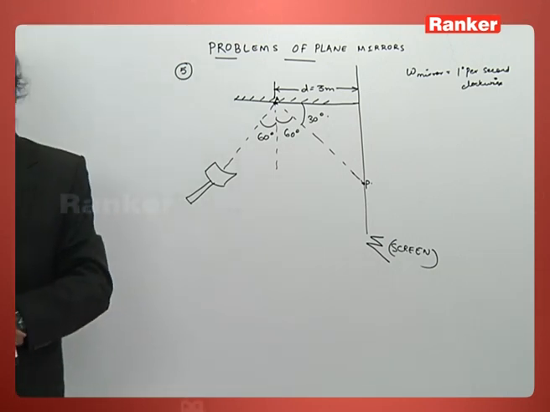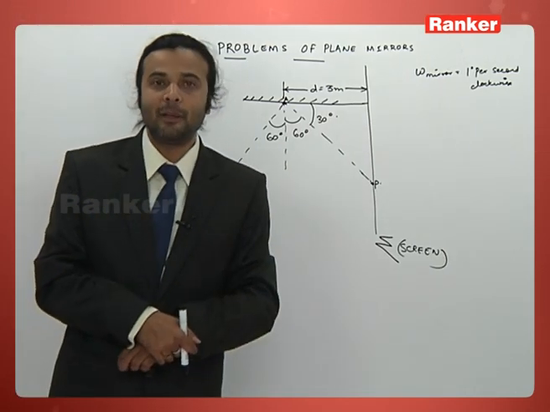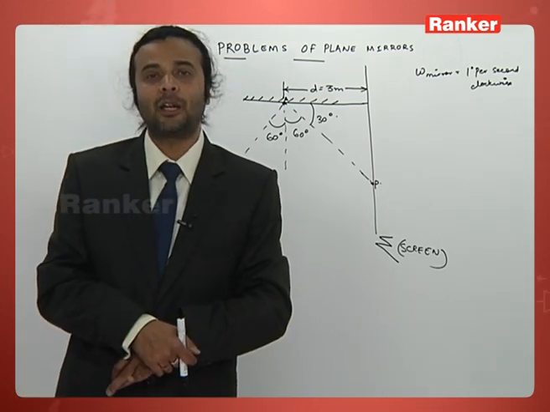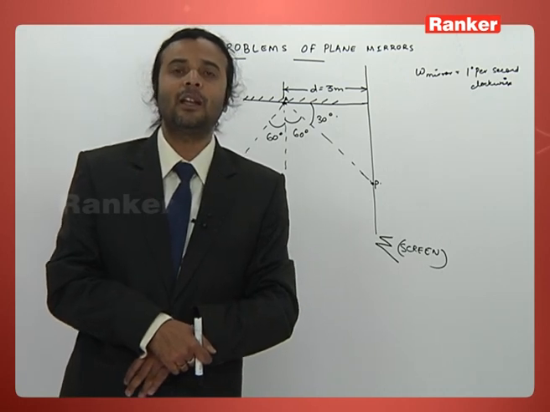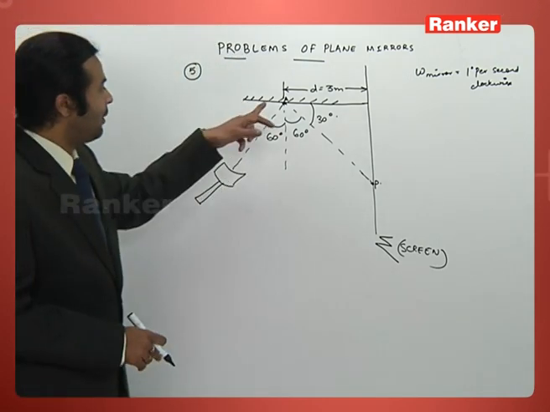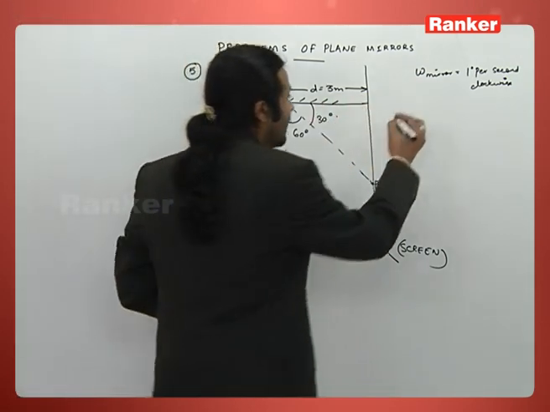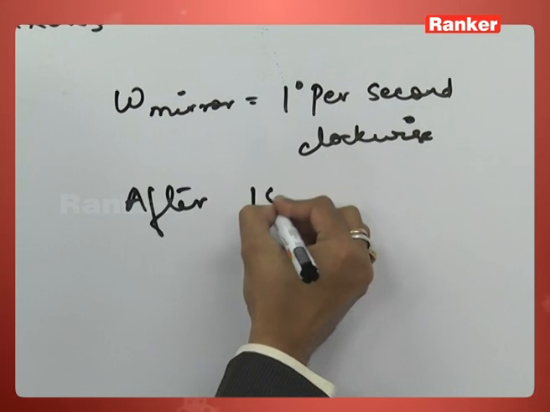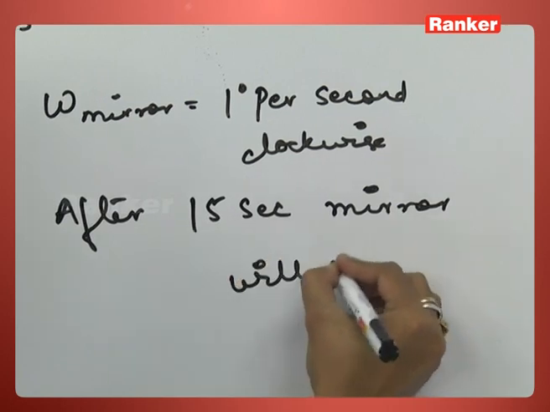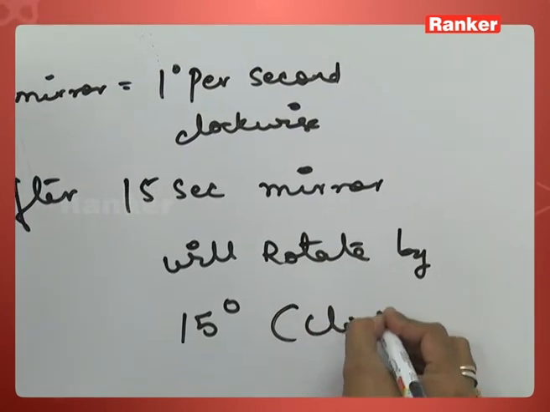We have already discussed that when the incident ray remains fixed and the mirror rotates by an angle theta in a particular sense, the reflected ray rotates by an angle 2 theta in the same sense. That means the mirror will rotate by 15 degrees after 15 seconds, clockwise as given in the question.